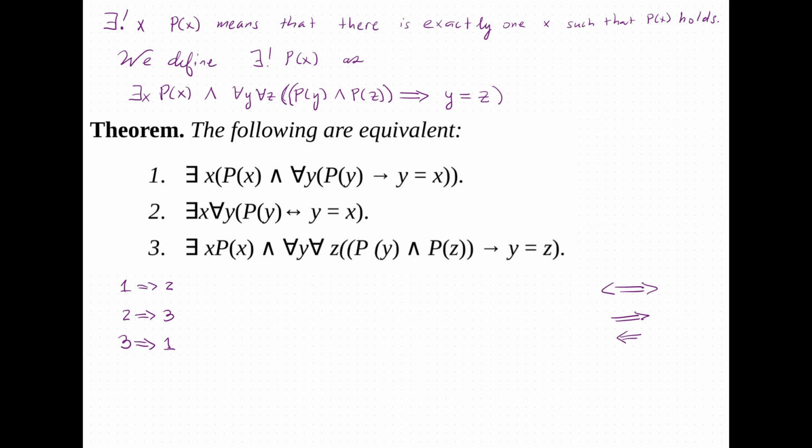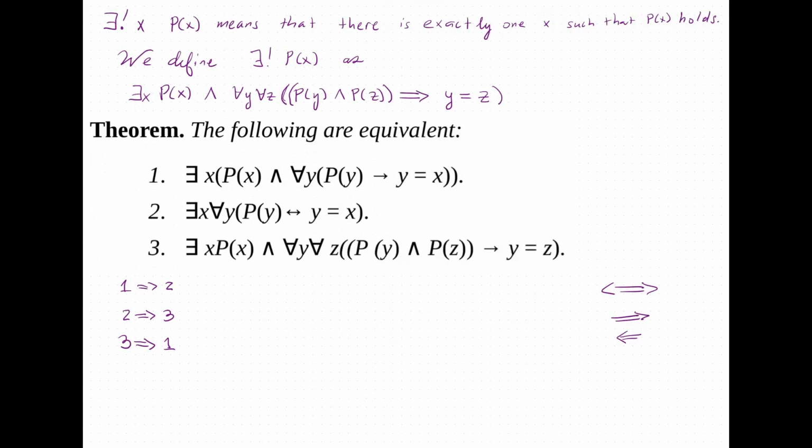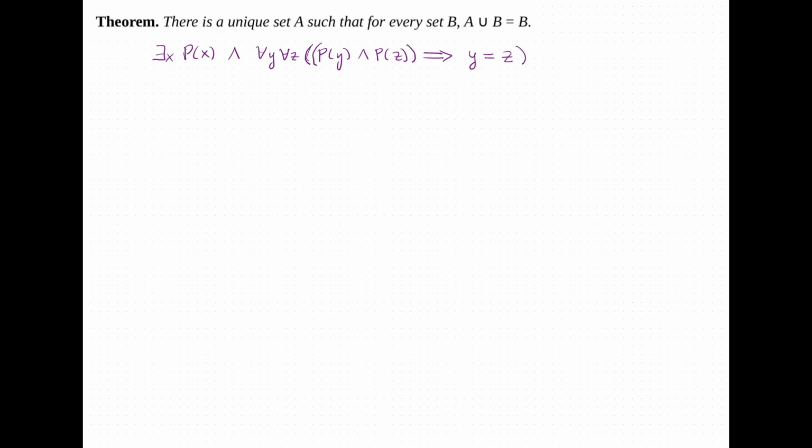So let's see how we actually do proofs like these. There is a unique set A such that for every set B, A union B is equal to B. Well, we want to prove that there is exactly one, so we come back to the forms here. So how do we use this?